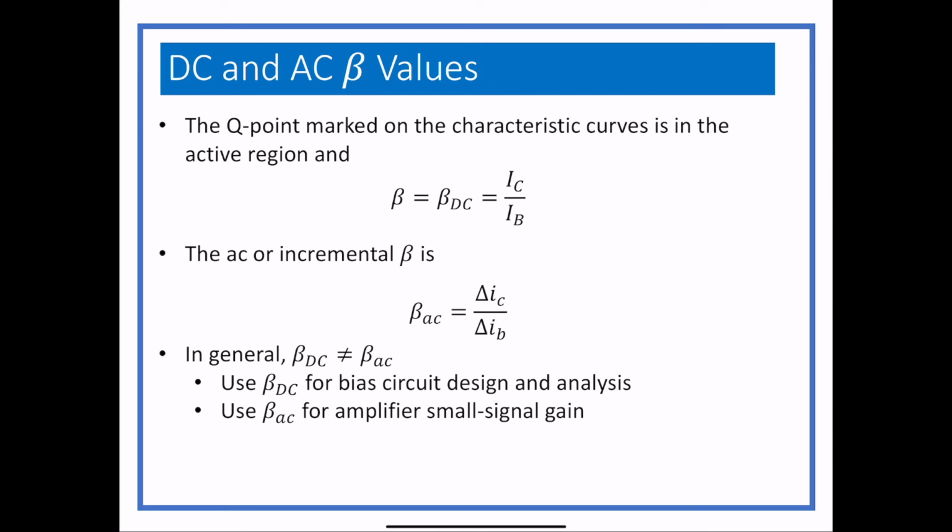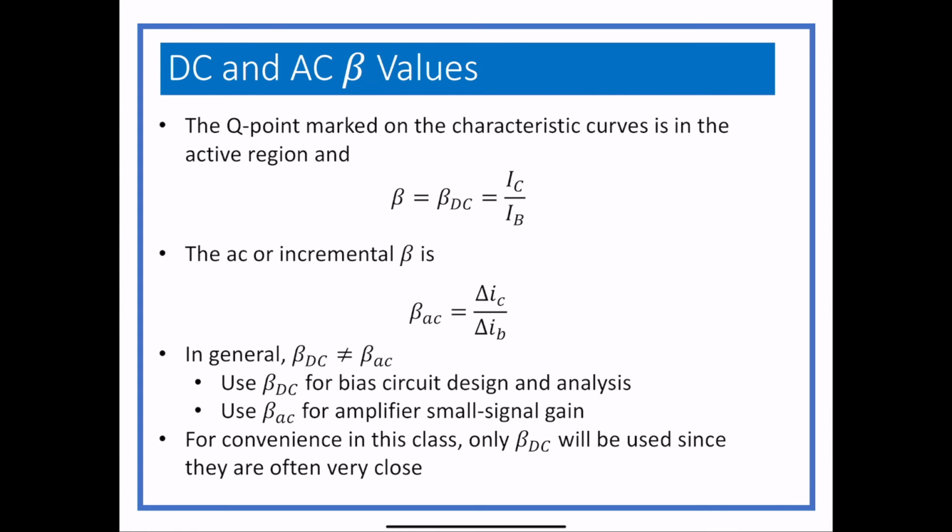So the DC value is typically used for bias circuit and DC design, and then we use the beta AC for amplifier small signal gain. However, all that being said, it is more typical to just use the one value of beta you're given rather than going back and forth between AC and DC.